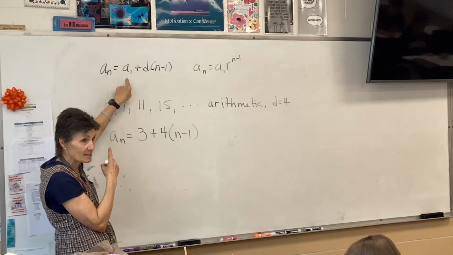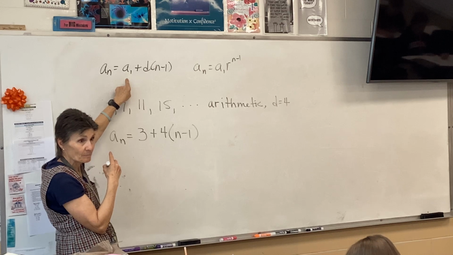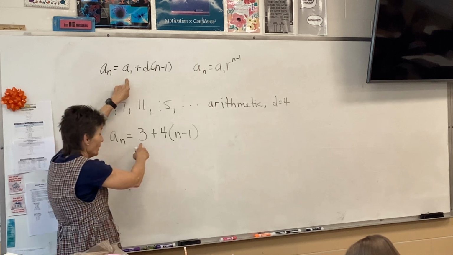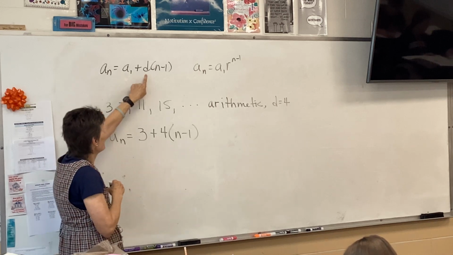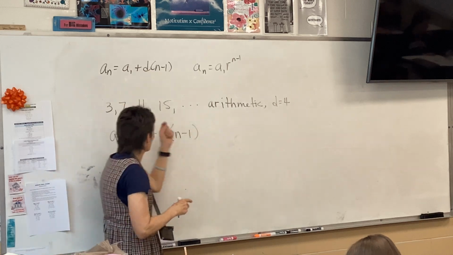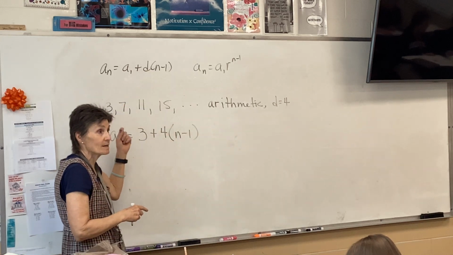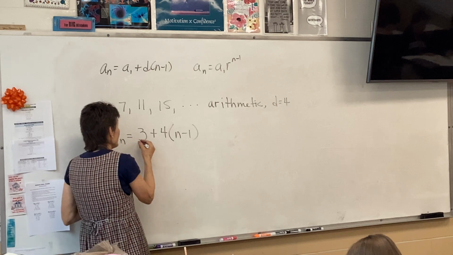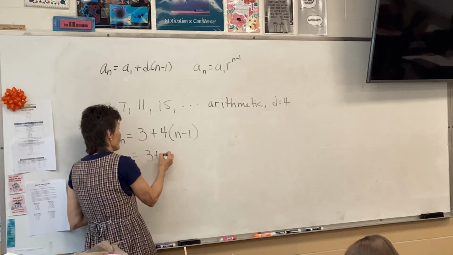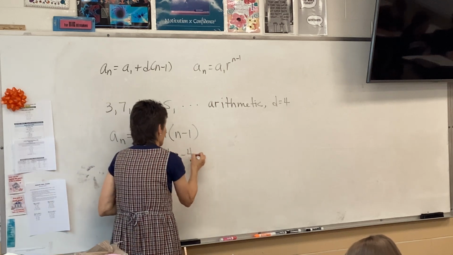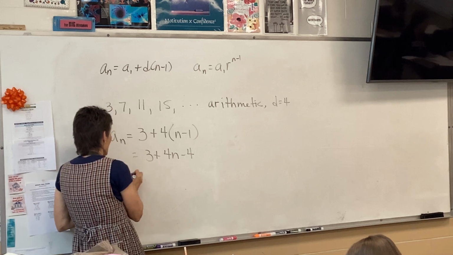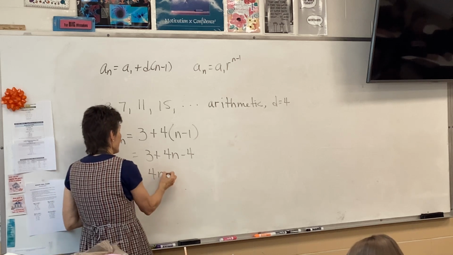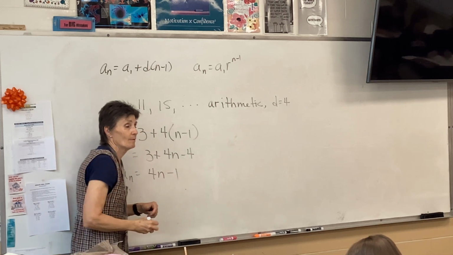What does that mean? a sub 1 is the first term. So I plugged in my first term. And then d is my common difference, which you already figured out was 4. Then I can do the distributive property. So a sub n is 4n minus 1.